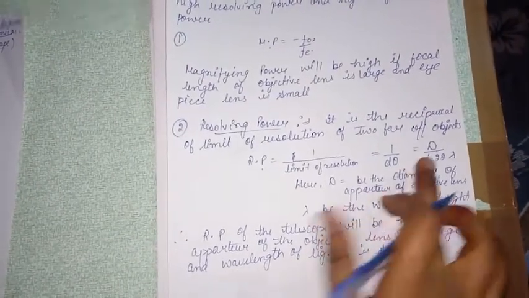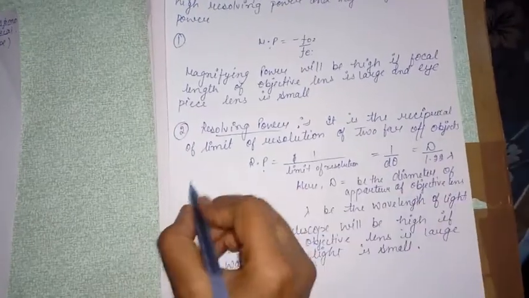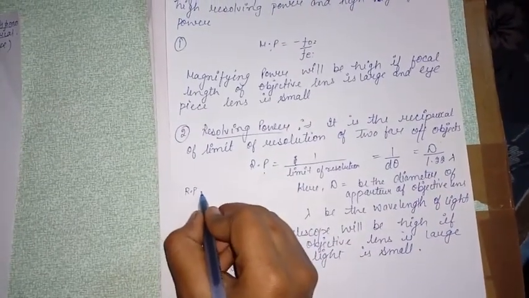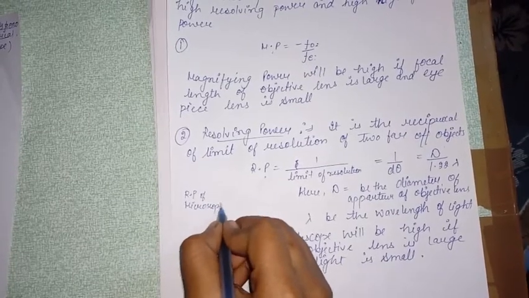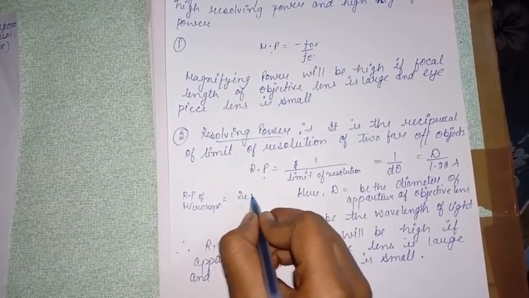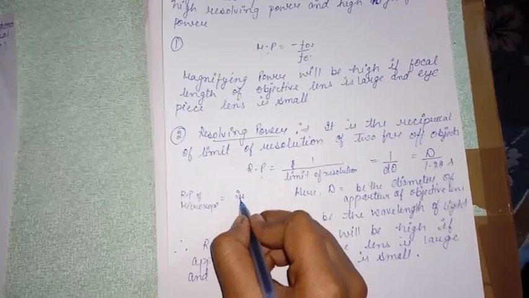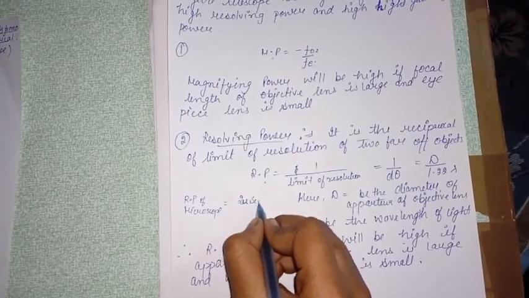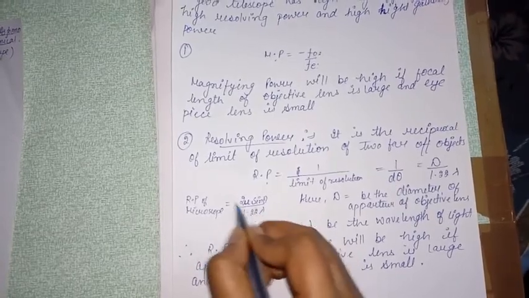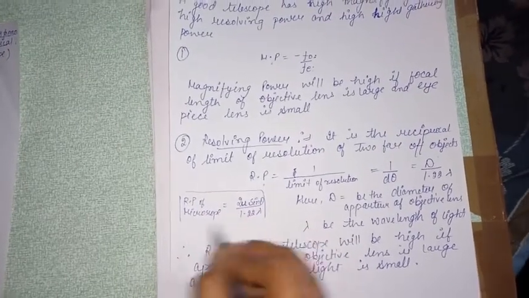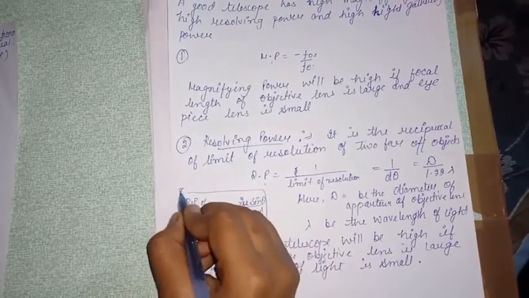This is the resolving power for the telescope. The resolving power of the microscope, similarly you can calculate this. I can tell you directly, 2 mu sin theta upon 1.22 lambda. This is the resolving power for the microscope.